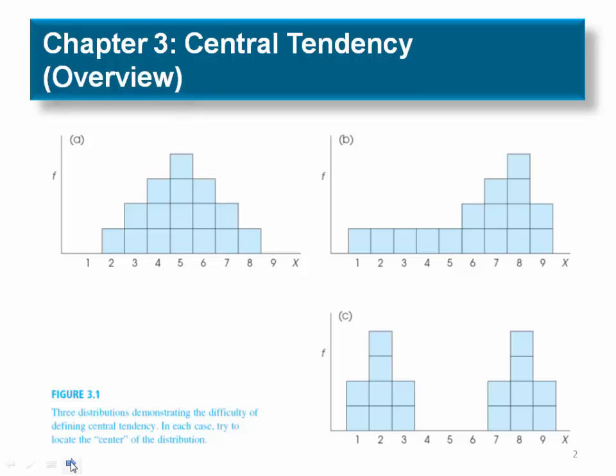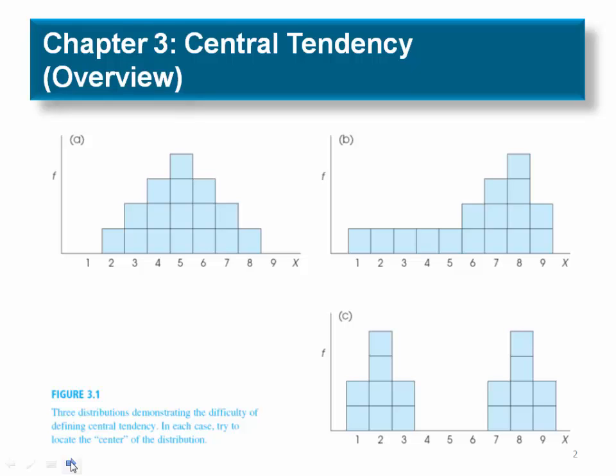For each of the distributions, the range of score values is from 1 to 9. The first distribution is symmetrical, with the scores forming a distinct pile centered around x equals 5. For this type of distribution, it's easy to identify the center, and most people would agree that the value x equals 5 is an appropriate measure of central tendency.